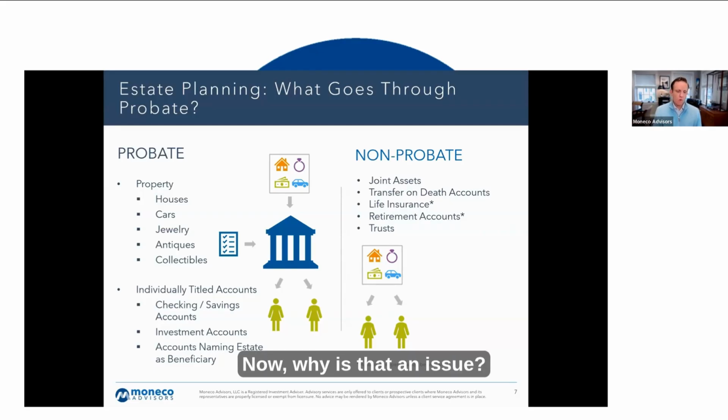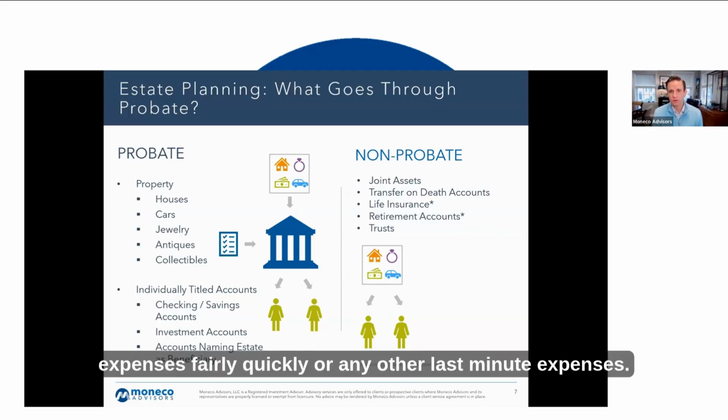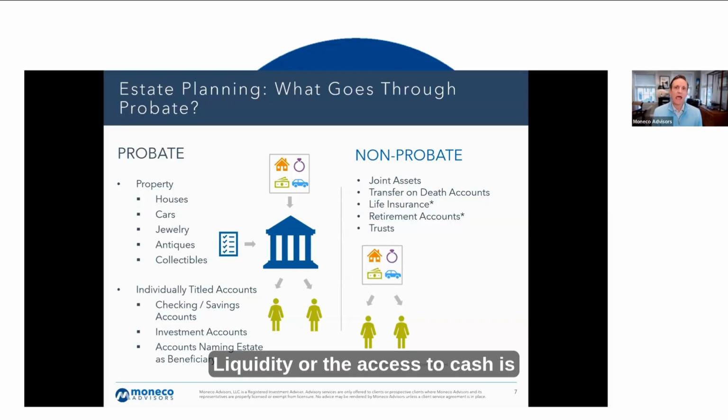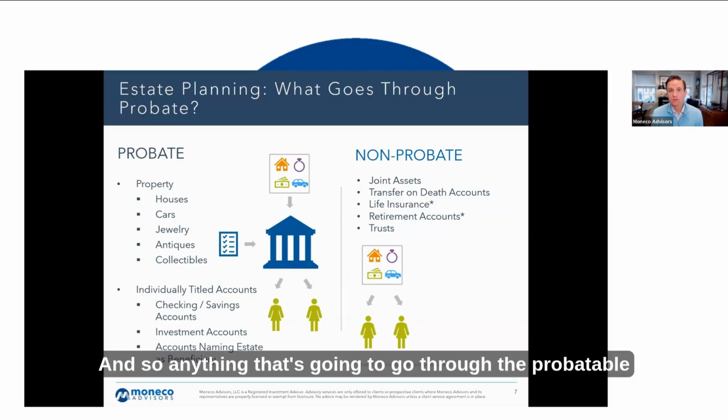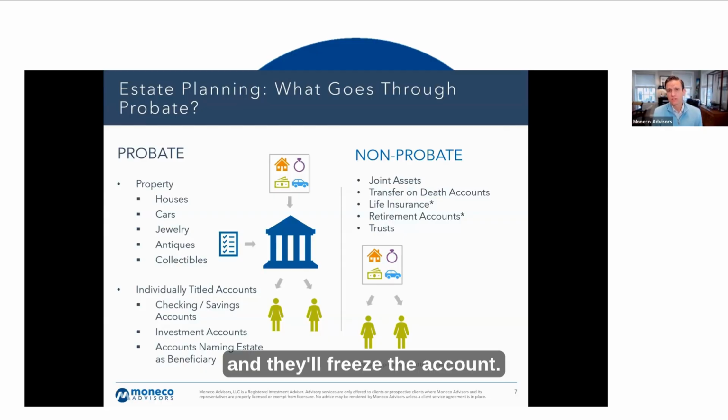Now, why is that an issue? Well, because probate takes time and it also takes work. So let's just say theoretically somebody passes away and you want to be able to pay the funeral expenses fairly quickly or any other last minute expenses. Liquidity, or the access to cash, is important. And so anything that's going to go through the probatable process, as soon as a death certificate is issued and Social Security is notified, they'll actually notify a lot of the financial institutions and they'll freeze the account.